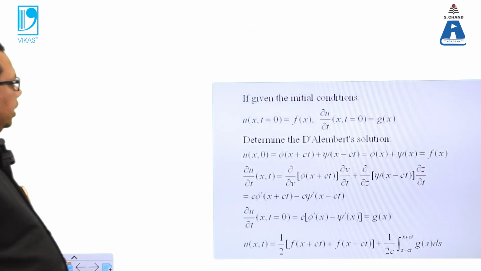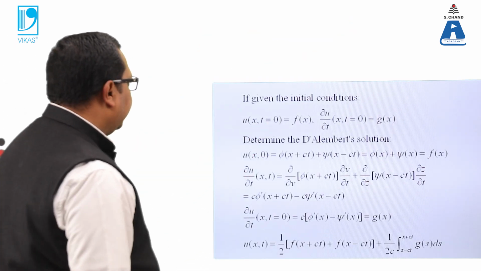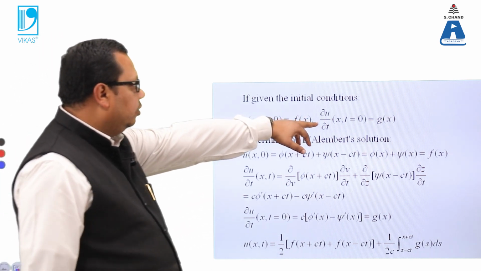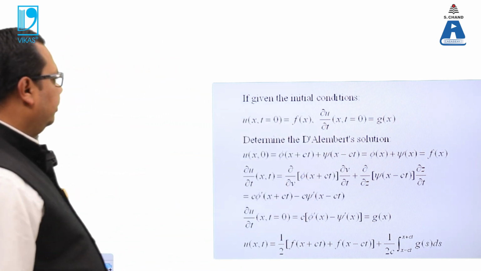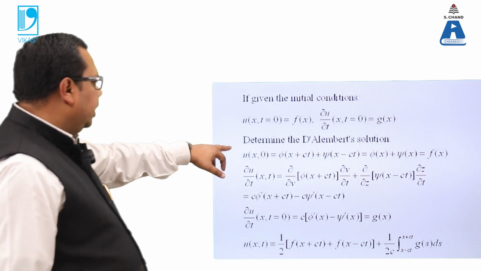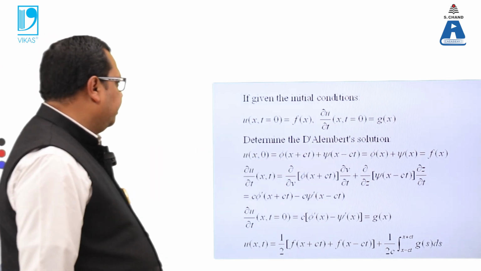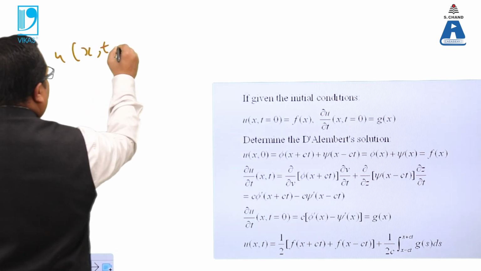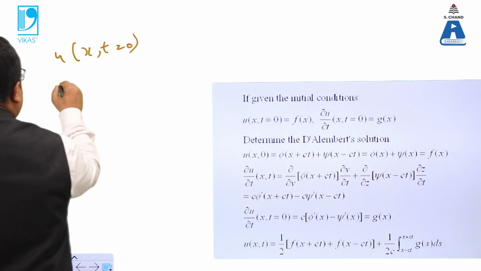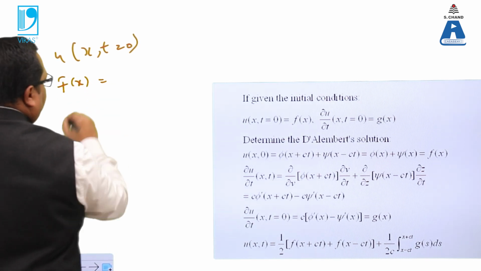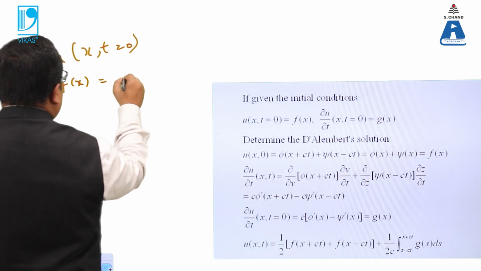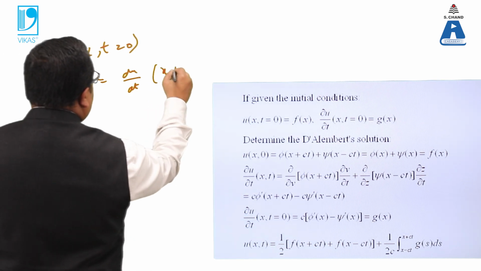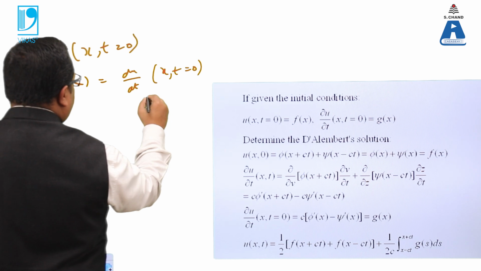Here, if u(x,0) is at a particular time t equal to 0, then u(x,0) is equal to f(x), and du by dt at t equal to 0 is equal to g(x). For the particular solution, u(x,0) is this particular equation. So basically v(x,0) is equal to 0, and f(x) is u(x,0), and du by dt at t equal to 0 is equal to g(x).